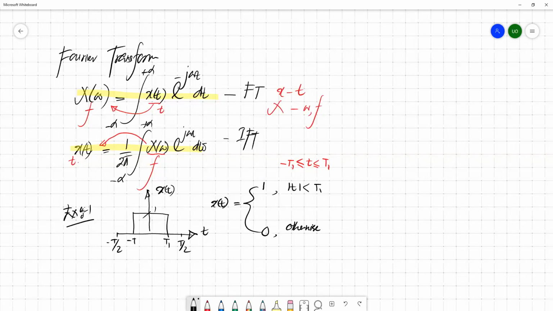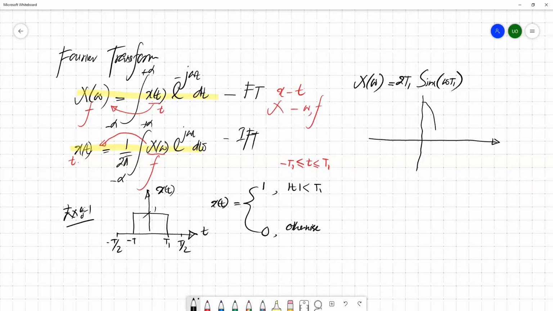Fourier transform of this. We found that this Fourier transform X(jω), whatever, where capital X represents the Fourier transform of the simple x, equals 2t1 sinc of ωt1.